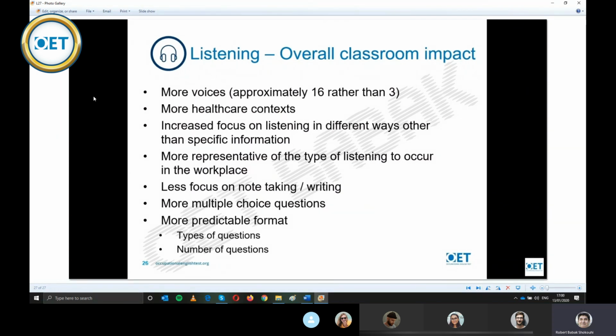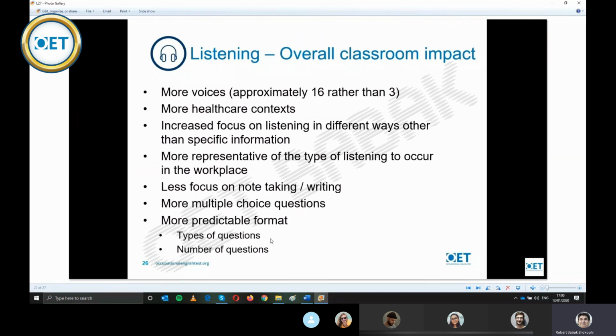So the overall test has more voices, approximately 16 voices. It used to be just 3. So there are more voices, more accents, more healthcare contexts. There is increased focus on listening in different ways other than specific information, and just workplace listening, less focus on note taking and writing, multiple choice questions, more predictable format.